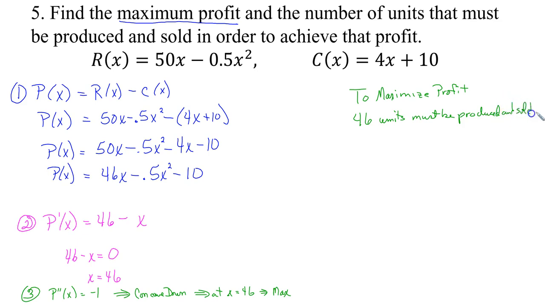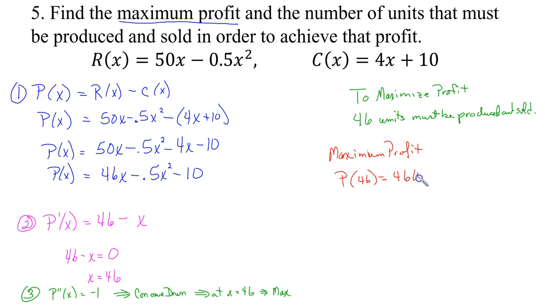Okay. Now, the maximum profit, however, so be very careful on these. Maximum profit is going to be found by taking our value of 46 and substituting it in for x in our profit function.